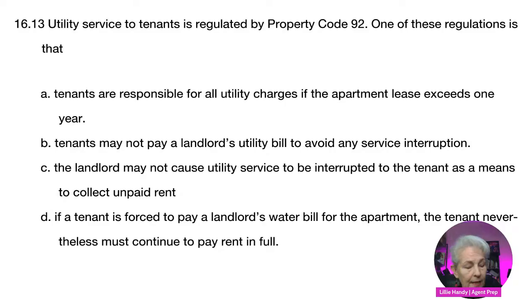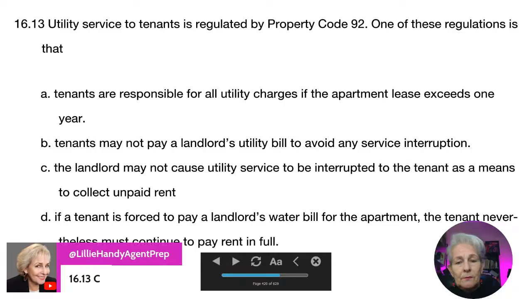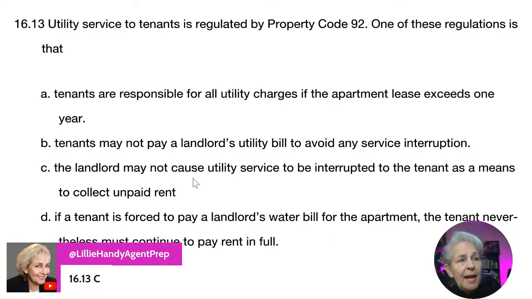So the answer here is letter C, 613 C. The landlord may not cause utility service to be interrupted to the tenant as a means to collect unpaid rent. That can be considered retaliation from the landlord.